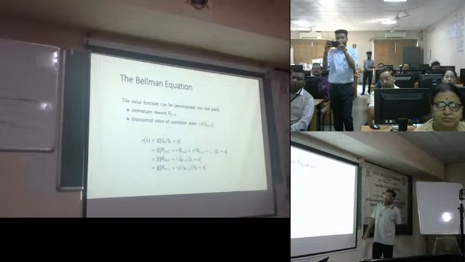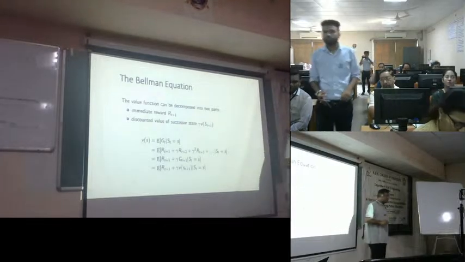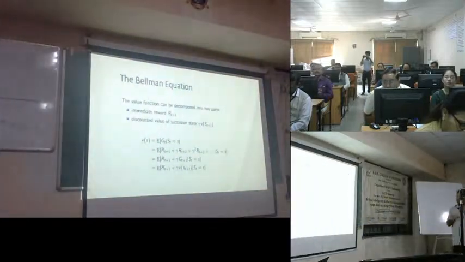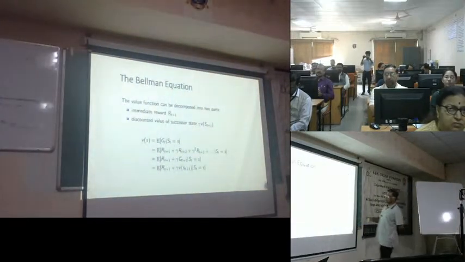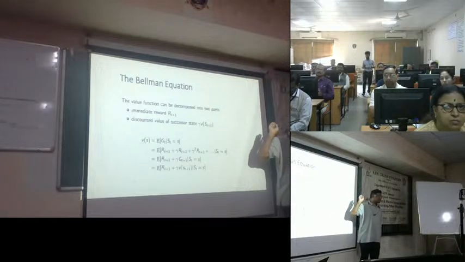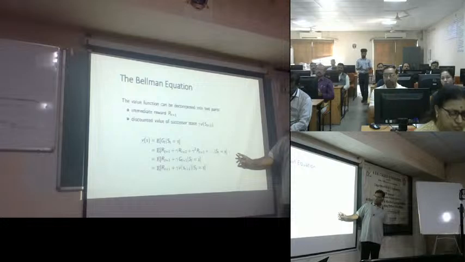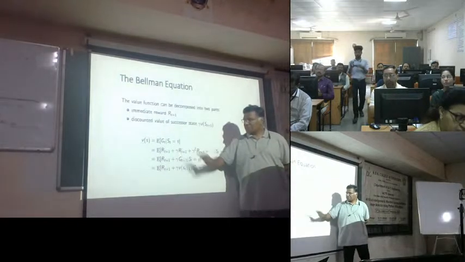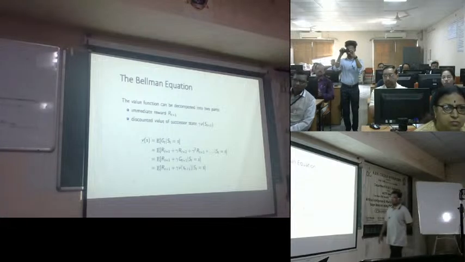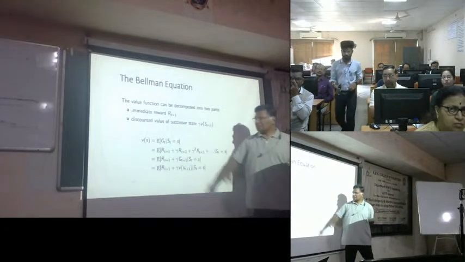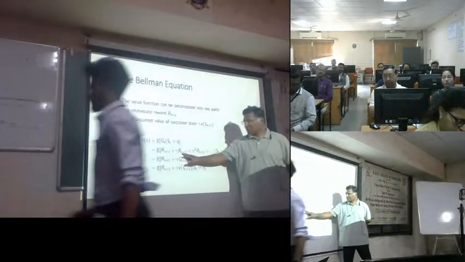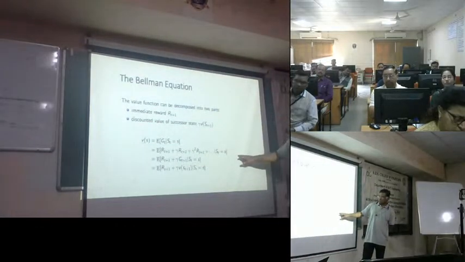So it can be decomposed into two parts. One part is the immediate reward for that state, and the other is the discounted reward for the next state that we are going to get. So if you see, we take V(s) as the expected value of Gt given the starting state as S, where this is the immediate reward and then the discounted reward for further states.